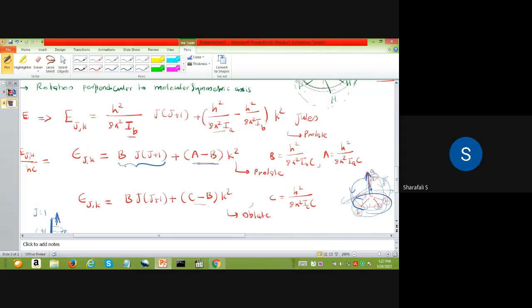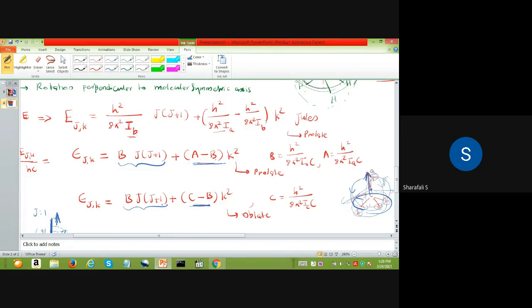Whatever we have for the rotation about that axis, plus some additional energy will come in this case, because A minus B is positive here, because A is greater than B. But in this case, we have C minus B, which is a negative quantity because B is larger than C, or C is smaller than B. So this quantity will become negative, and the total energy will get reduced.